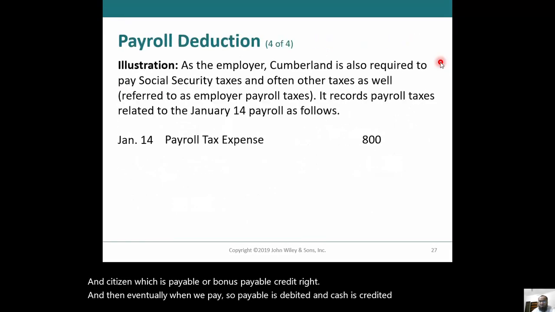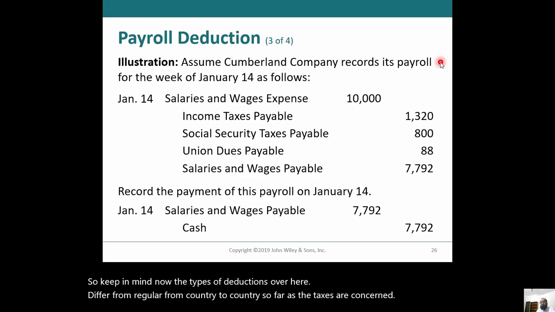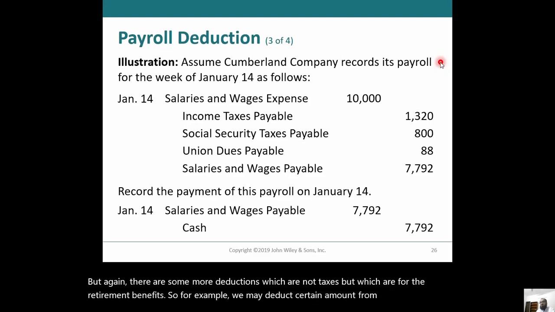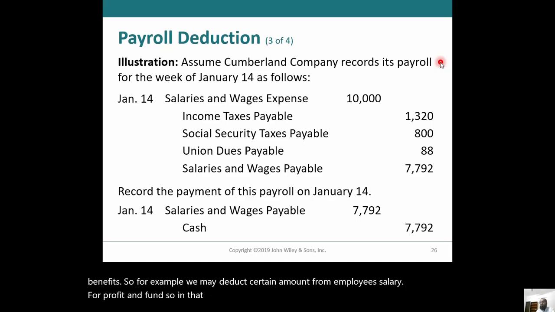So keep in mind that the types of deductions differ from country to country so far as taxes are concerned. But there are some more deductions which are not taxes, but which are for retirement benefits. For example, we may deduct a certain amount from the employee's salary for the provident fund. In that case, we credit the provident fund payable.